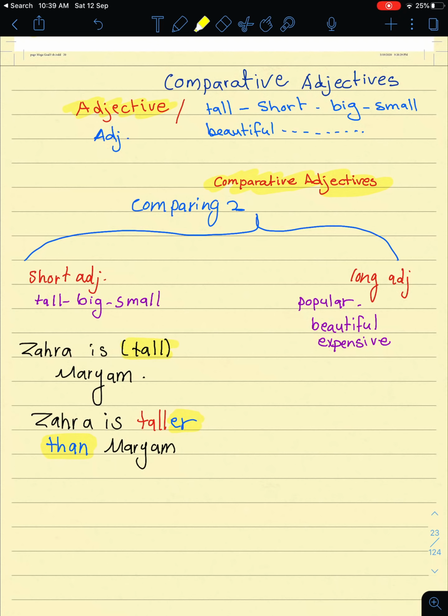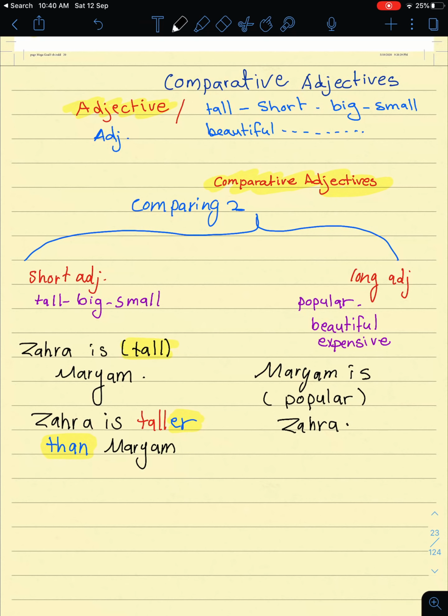Clear? Now how about the long adjective? This time I'm gonna say Maryam, popular, for example, Zahra. I'm gonna write Maryam is, and then I'm gonna have the adjective popular, Zahra.